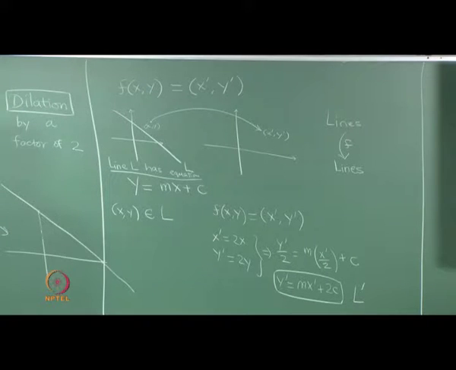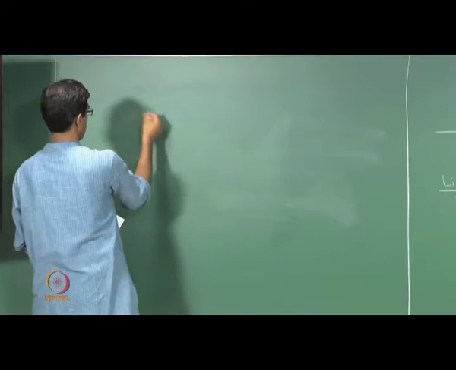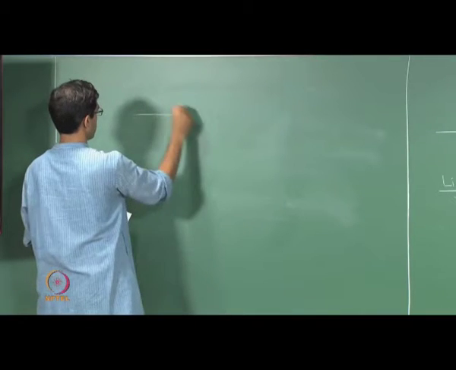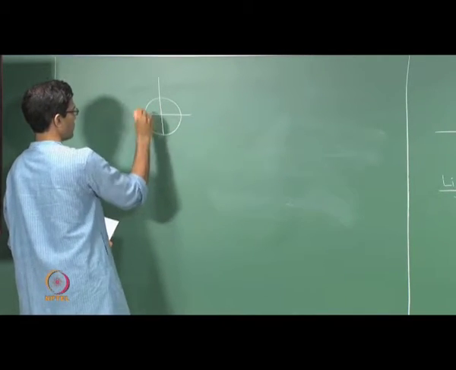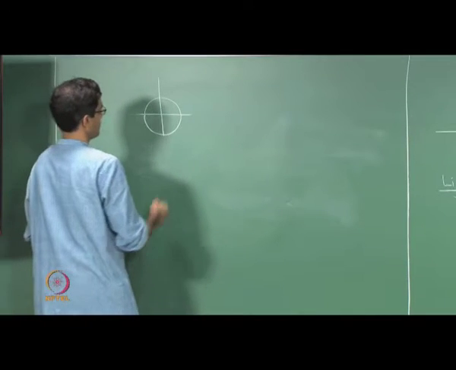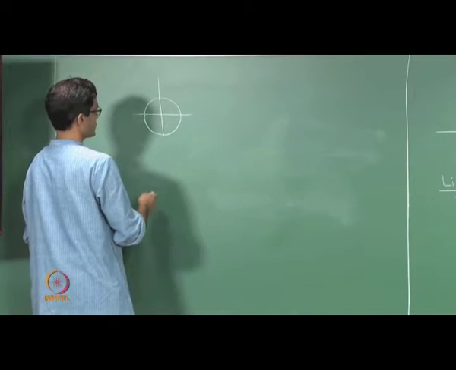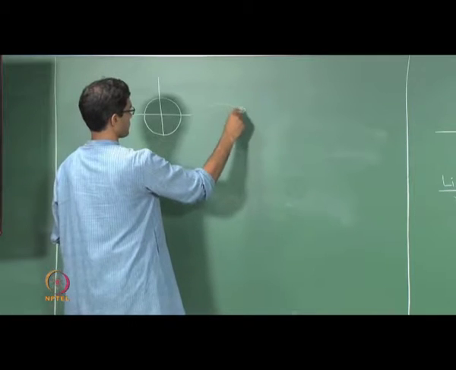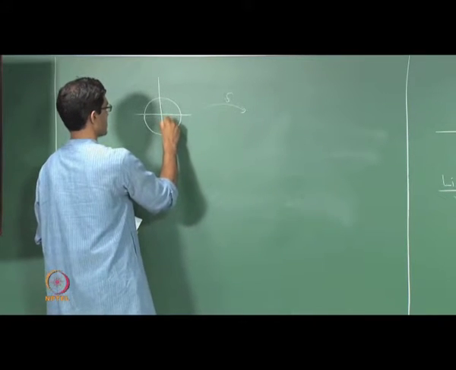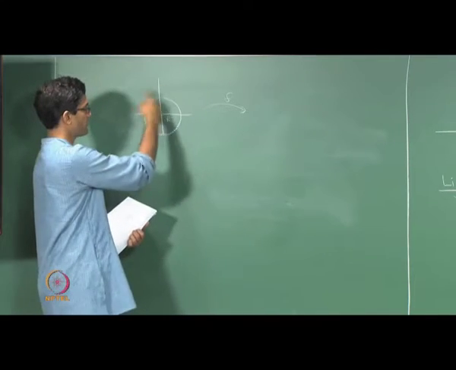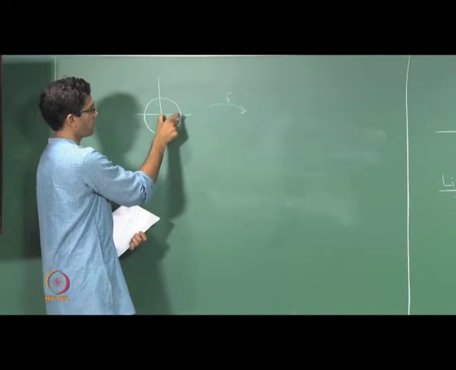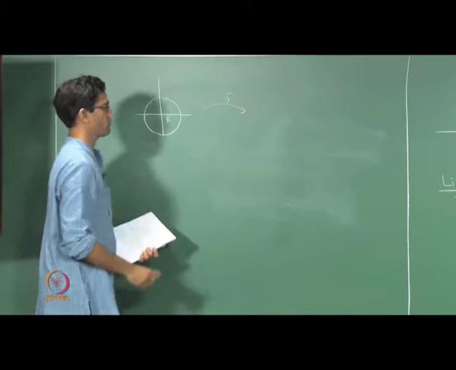And of course, it is also easy to see what other sorts of figures would transform to under this map. For instance, if you take a circle, say of radius 1 or any arbitrary radius r, and apply this function f to it, then what the function is going to do to each point of the circle is map it to a point which is at a distance 2r from the origin.